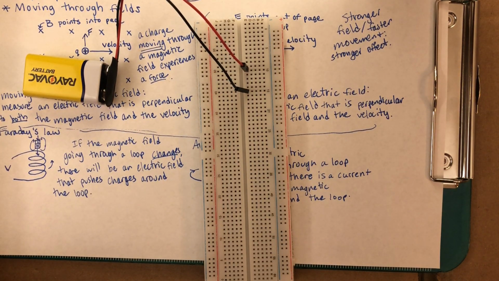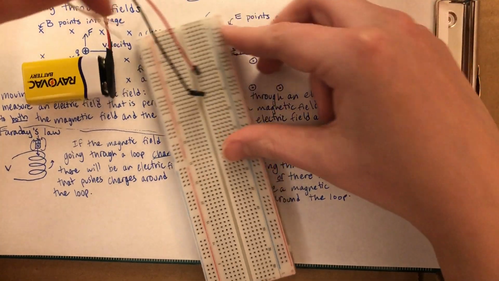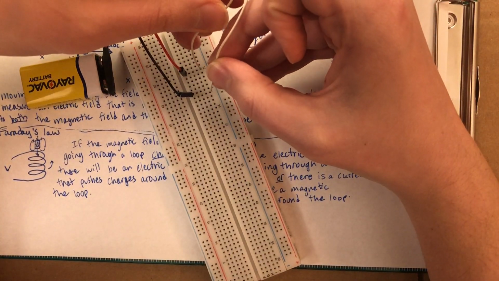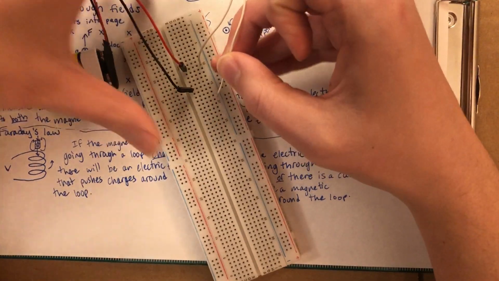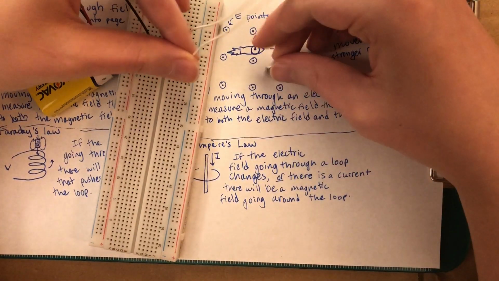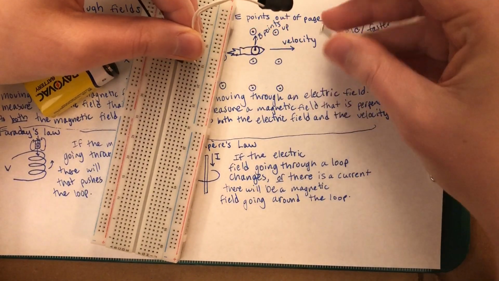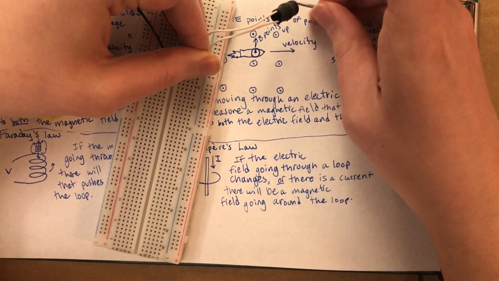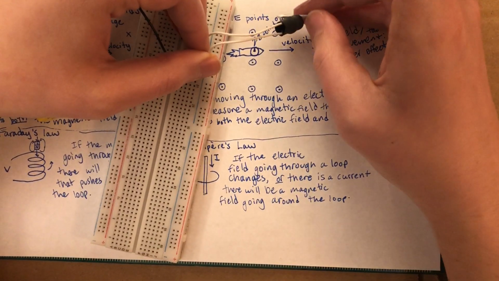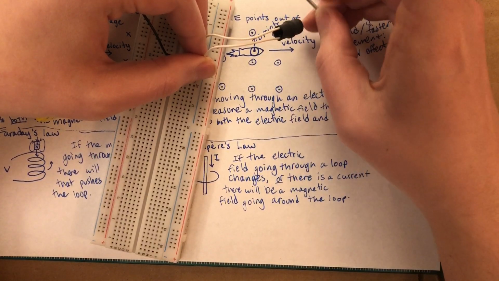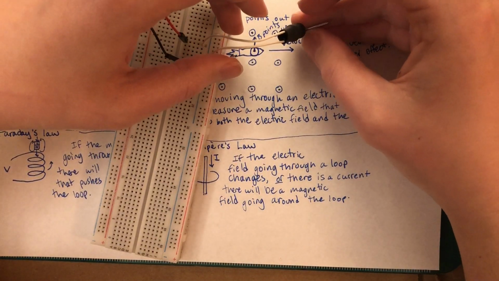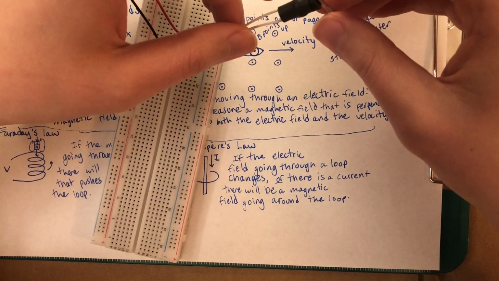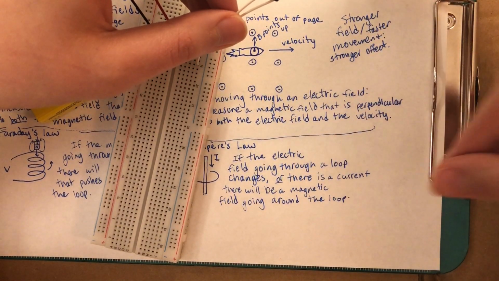This drains the battery, so I don't want to do it for too long. But I've got a little nail here to show us the effect of that magnetic field. And when I connect this up to the two sides of the battery, let's see what happens. I can feel it. There we go. We get a magnetic field.